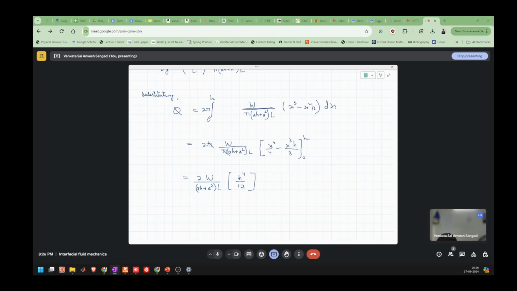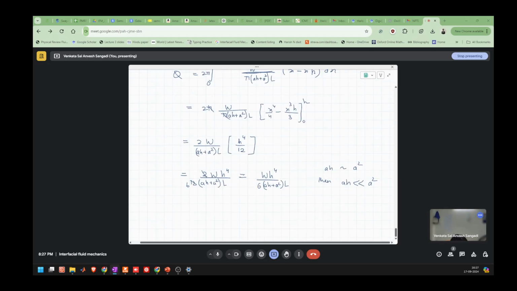So this is equal to 2w h to the power 4 by a h plus a square L into 12, which is w h to the power 4 by 6 a h plus a square L. If we look at the terms ah and a square, ah is much smaller than a square.